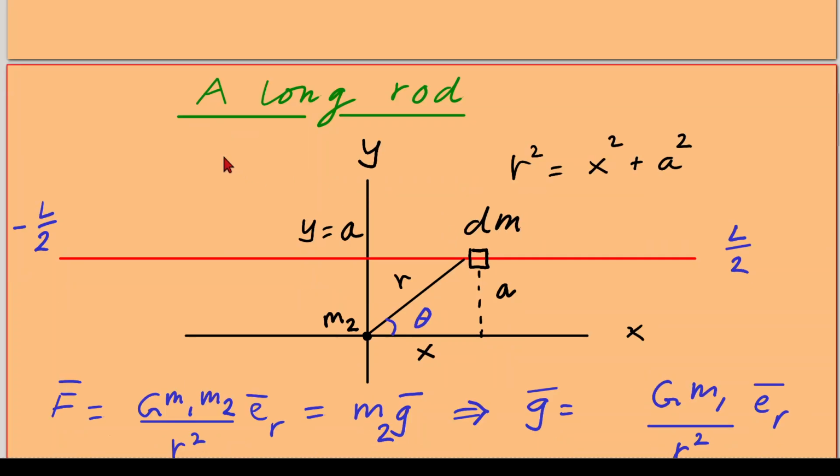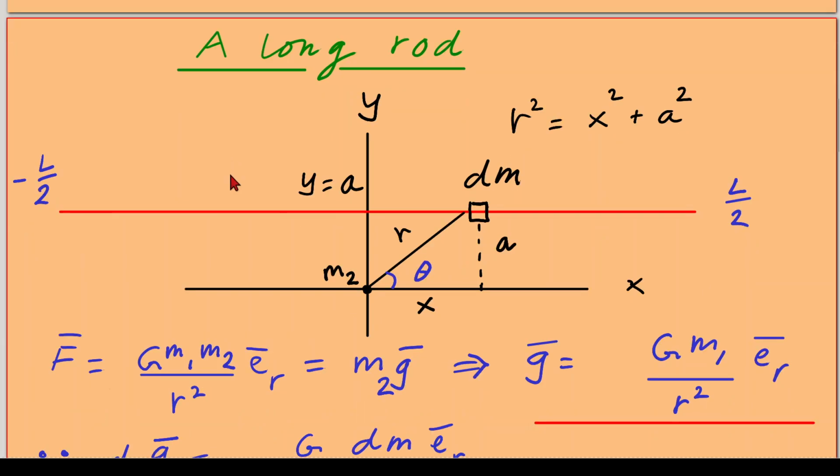Thus, let us study a long rod. And here is our m2, and this is m1, if you like. So Newton's gravitational law says G m1 m2 over r squared. In this case, the coordinate system is here, and the r vector is over here, and the force this is feeling is a force in this direction.